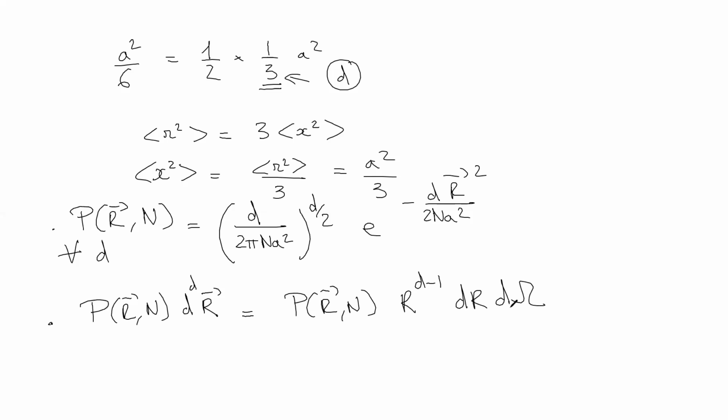Okay, but here it's more complex, and the integral of that is related to gamma functions. Basically, what is important is that you have the dimension of space minus 1, R, dR, and then purely angular considerations. The second important aspect is that this doesn't depend on the vector R, but only on the norm. So if I recall the expression above, I end up with D over 2, then I have this R^(D-1), exponential minus D R squared, without the vector.